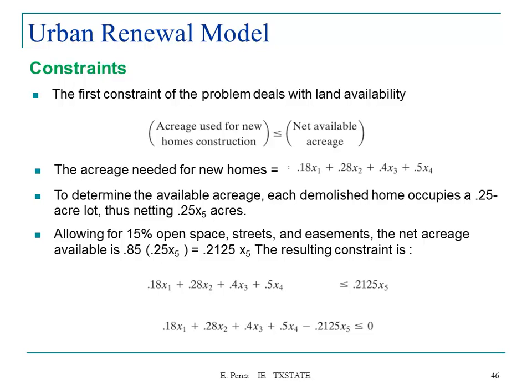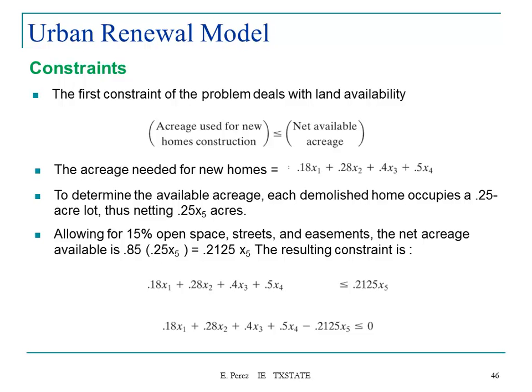To determine the available acreage, each demolished home occupies a 0.25 acre lot. So that's 0.25 x5 acres for the space that you're going to have per home that you demolish. But also you need to consider that 50% is used for open spaces. So you have to take that into account.